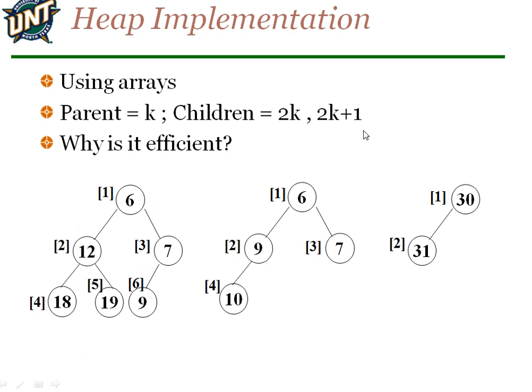So this property should not be violated. At the parent the value is k, at the left child the value is 2k, right? If we take any value for k, its left child will always be 2k, okay, and its right child should always be 2k plus 1.